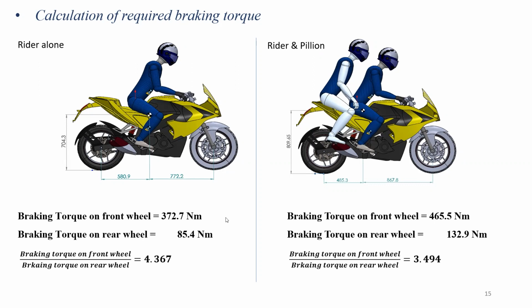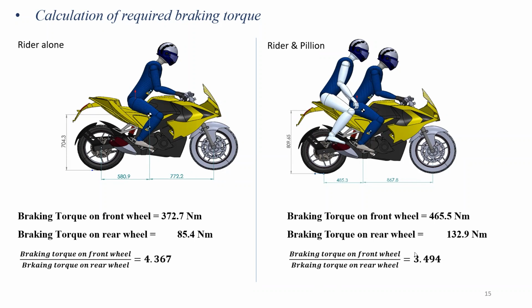What is the braking torque that is available on the front wheel with the pillion rider with this dimension? Then we have found that the braking torque ratio of the front wheel to the rear wheel is around 4.4. Whereas if you have another pillion rider, then the CG etc. will change, and the torque on the front wheel will actually increase, and the torque on the rear wheel also will increase.